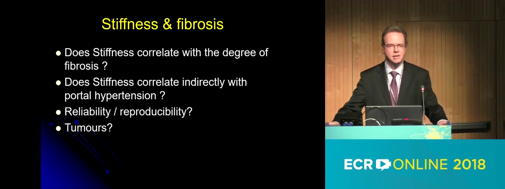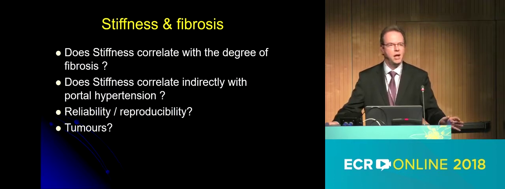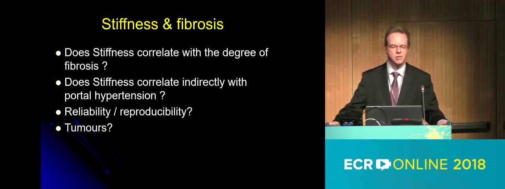Does liver stiffness correlate indirectly with a complication of cirrhosis, like portal hypertension, for example? Is it reliable? Is it reproducible? How is it compared to transient elastography? And what about the use of 2D shear wave elastography with tumors in the liver?